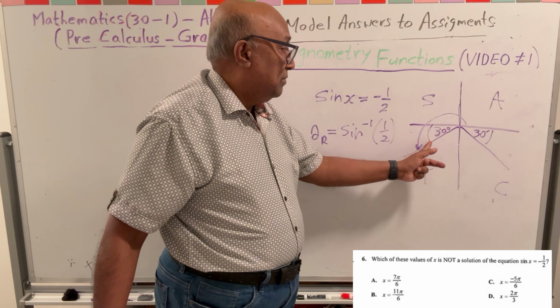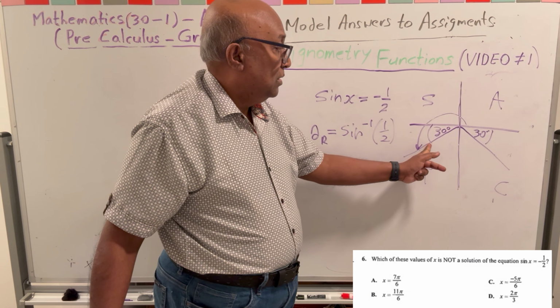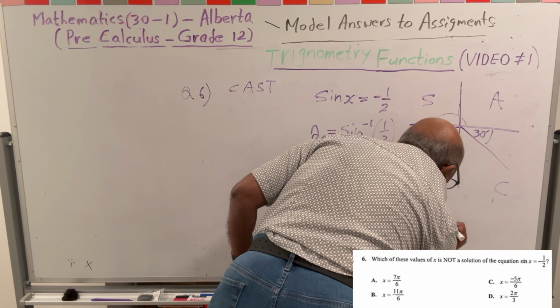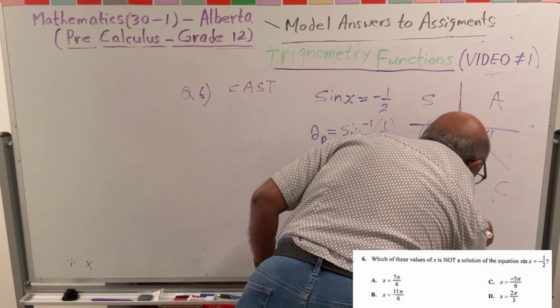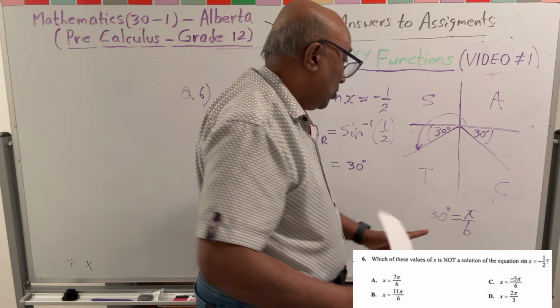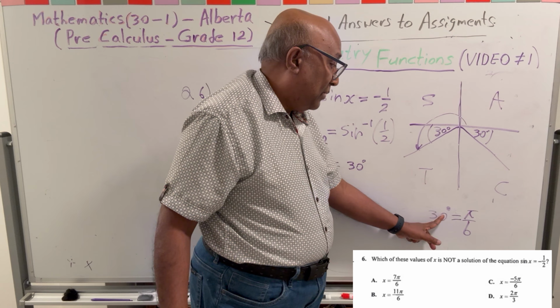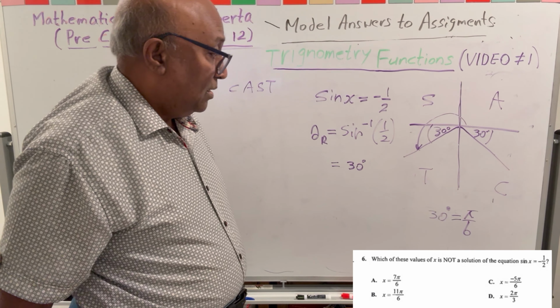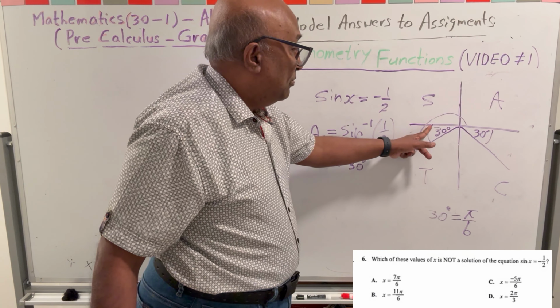180 plus 30. What is 30 degrees? 30 degrees is equal to pi by 6. I am not going to spend time to explain. You can convert this into radians by multiplying by pi by 180, then you are getting this one. That means this is pi by 6.